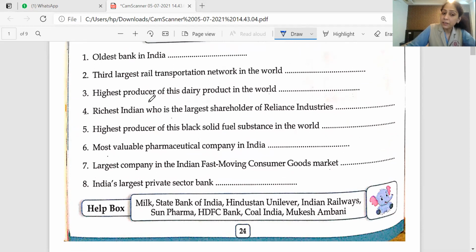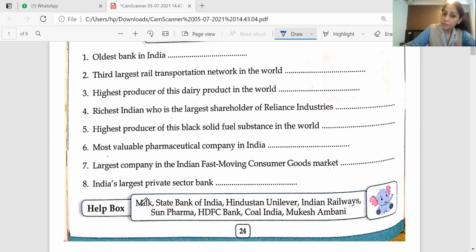Then the third is highest producer of this dairy product in the world. Highest producer of some particular dairy product, for which they are the highest. So the answer is milk. And where is it? Yes, milk, first one.